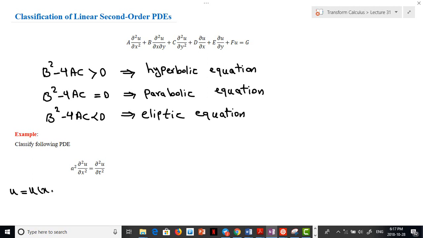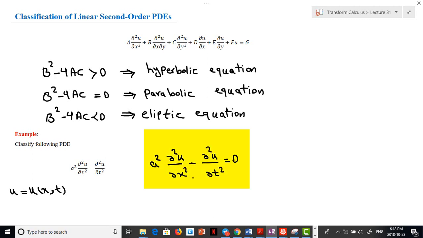That's why we call this equation a partial differential equation, because we have two independent variables, x and t. If I write it in the standard form, we have a squared times the second derivative of u with respect to x, minus the second derivative of u with respect to t, equal to 0.